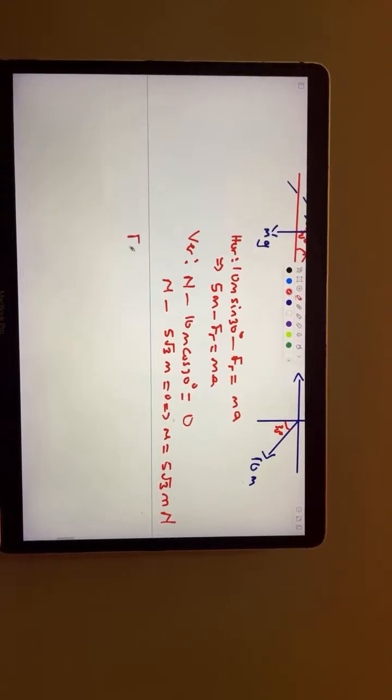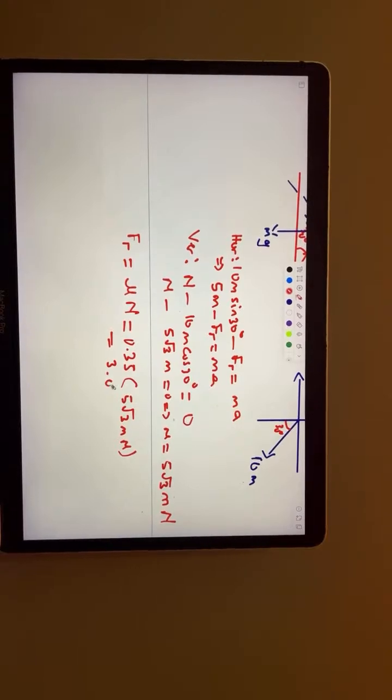Now we know that frictional force is mu times normal reaction. In the question, we have been given our mu, the coefficient of friction, which is 0.35. So multiply by 5 root 3 m newtons. I think it's high time I convert this to decimal. 5 root 3 times 0.35 is approximately 3.03m. So our frictional force is this.